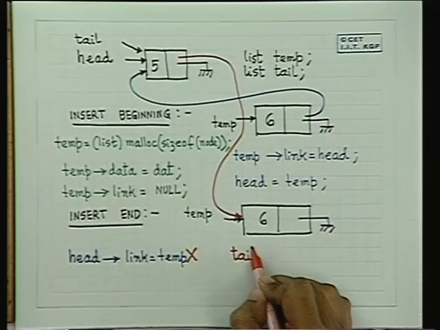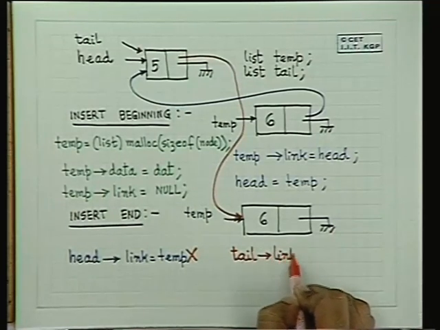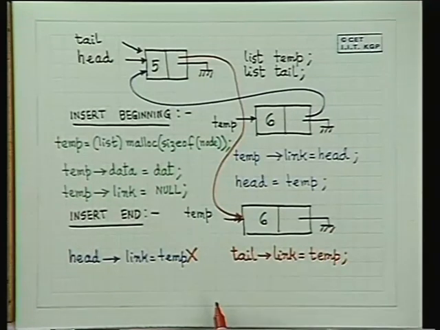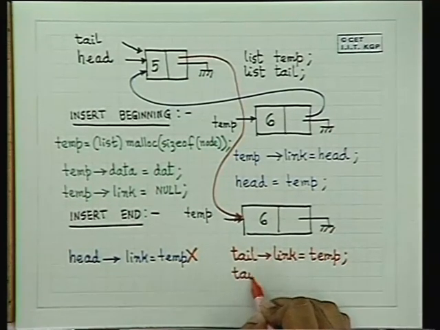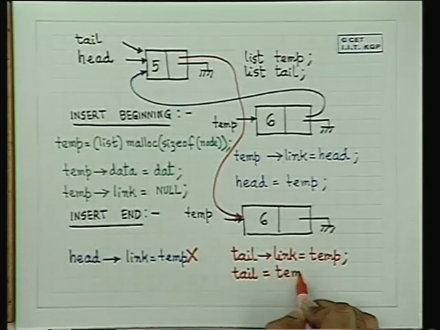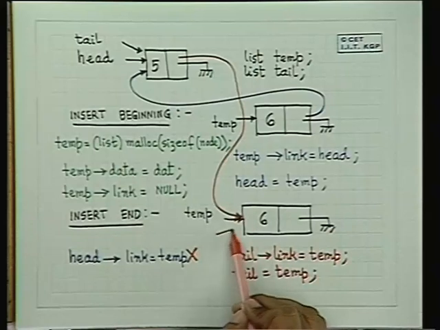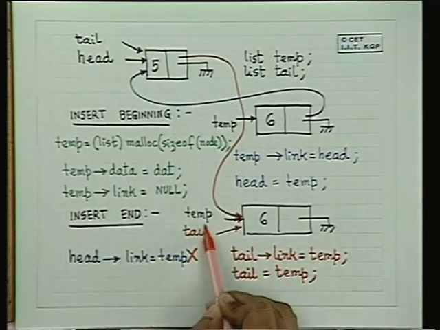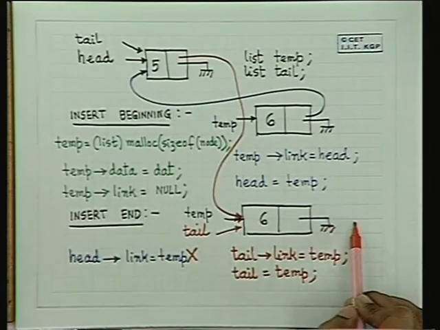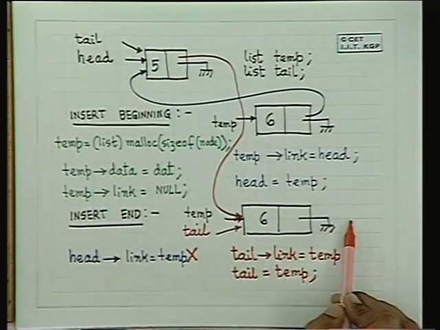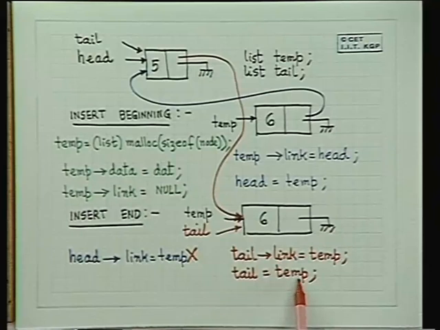Tail dot link is equal to temp, and the next will be tail is equal to temp. So tail dot link will be temp, and this will become tail. Whenever the next element comes in, again tail dot next will become temp and tail will become temp. Here you could have also written tail is equal to tail dot link, which is the same as temp, because these are both identical.